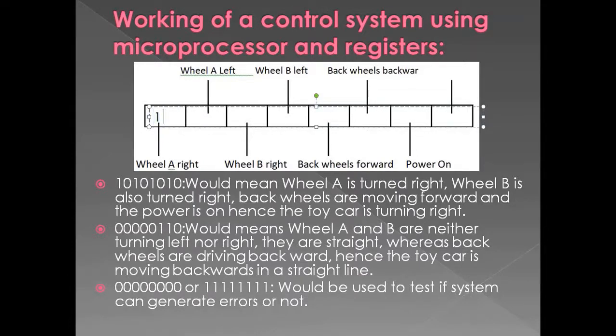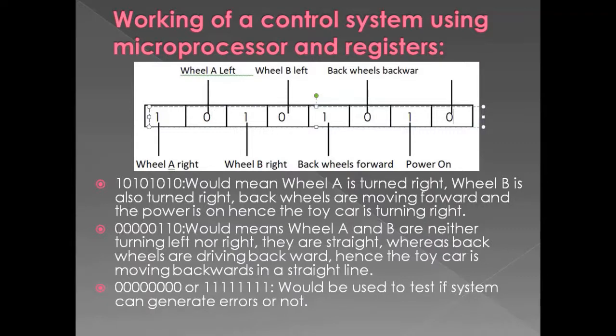Wheel A is not turning left, then wheel B is also turning right, and then we have a 0, that means the left function is off. Then there is another one, that means back wheels are also moving forward and backward functionality is off. And then we have another one, that means power is on. It means that wheel A is turned right, wheel B is also turned right, back wheels are moving forward and the power is on, hence the toy car is turning right.